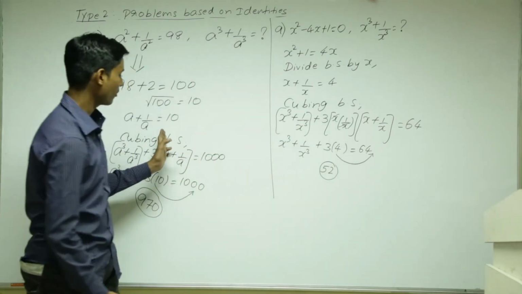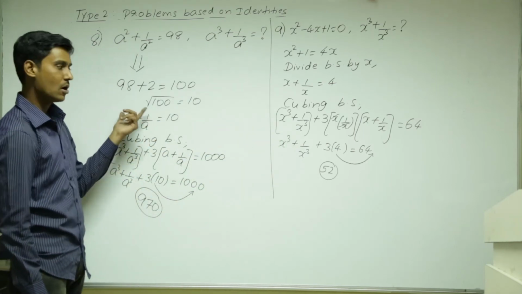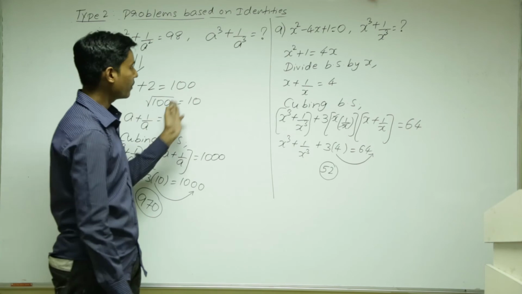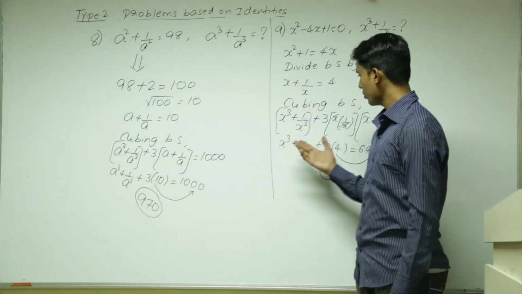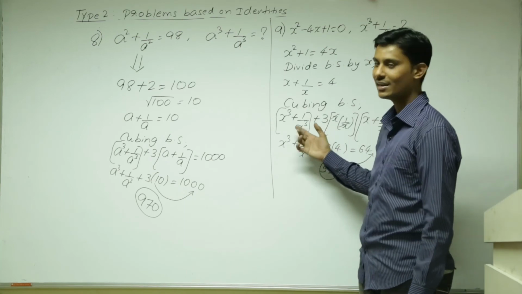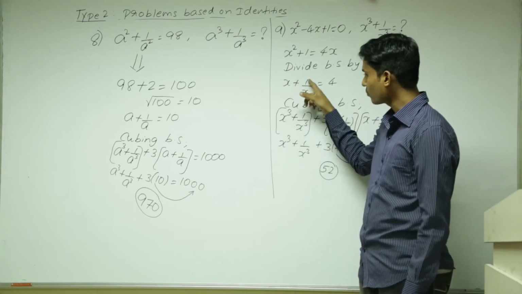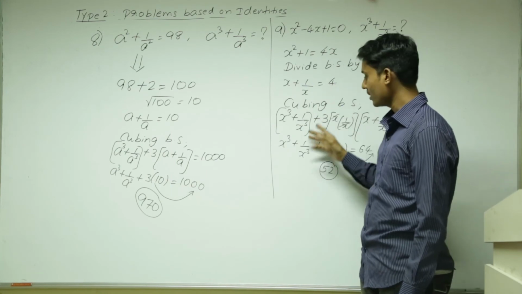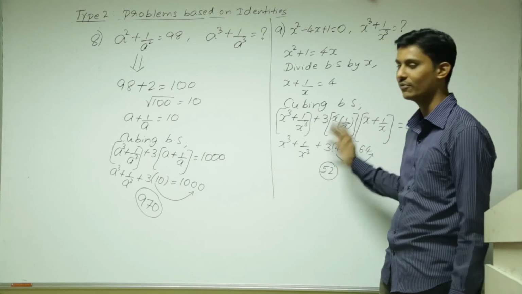More or less both the problems have the same logic. Reduce it to x plus 1 by x form or reduce it to a plus 1 by a form. From there you cube it or raise to any other power which is answering the question. Clear? Or you need not do all this cubing again. We already saw the corollary or the notations: if x plus 1 by x is equal to a, what is x cube plus 1 by x cube? Directly we can use that one liner instead of cubing and wasting our time.